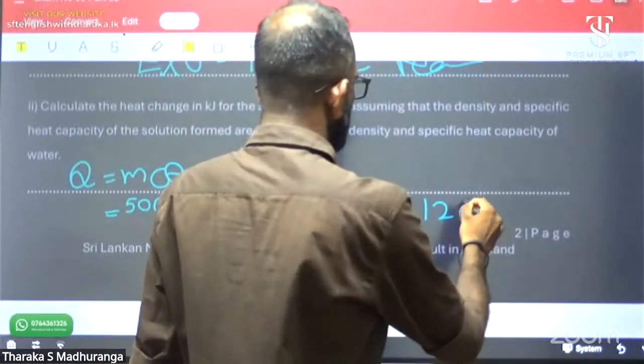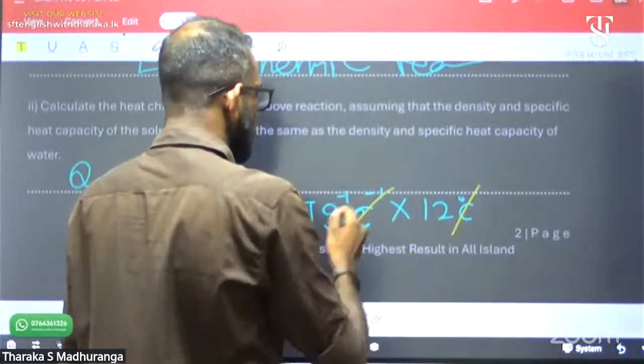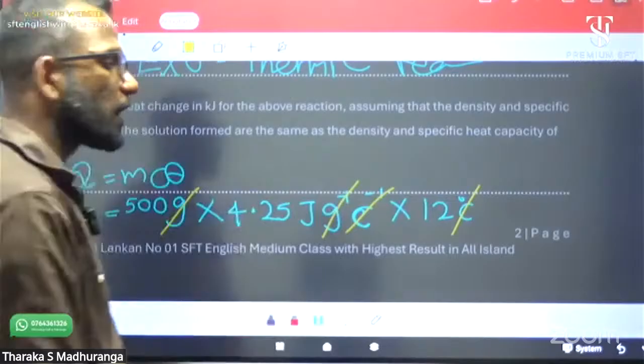12 Celsius, right? Now Celsius per Celsius cancel out, gram per gram cancel out.